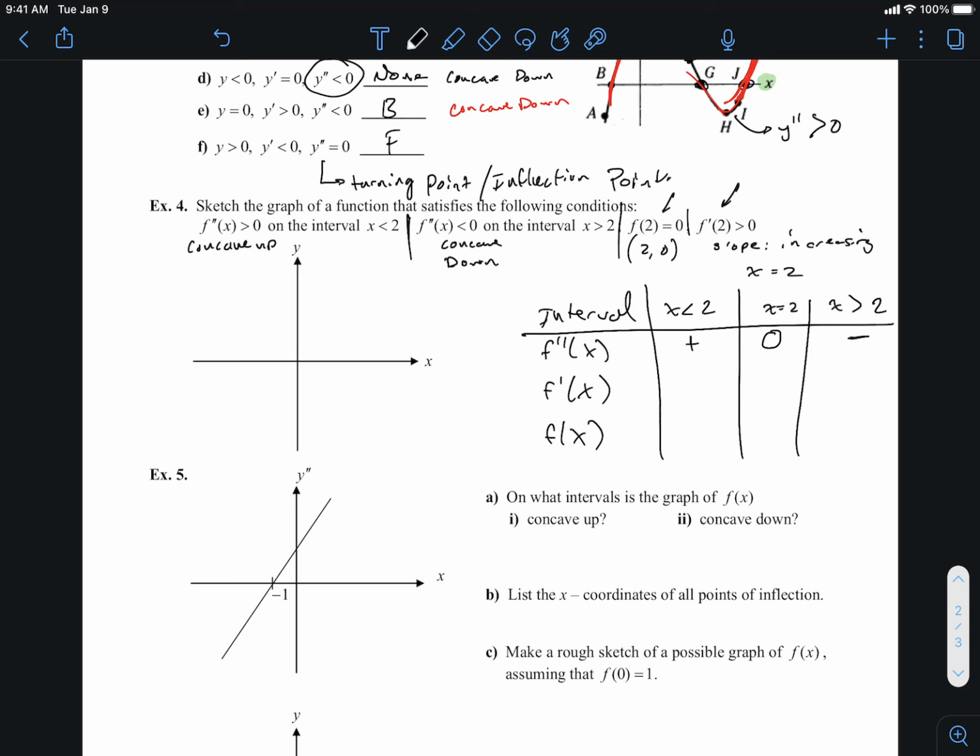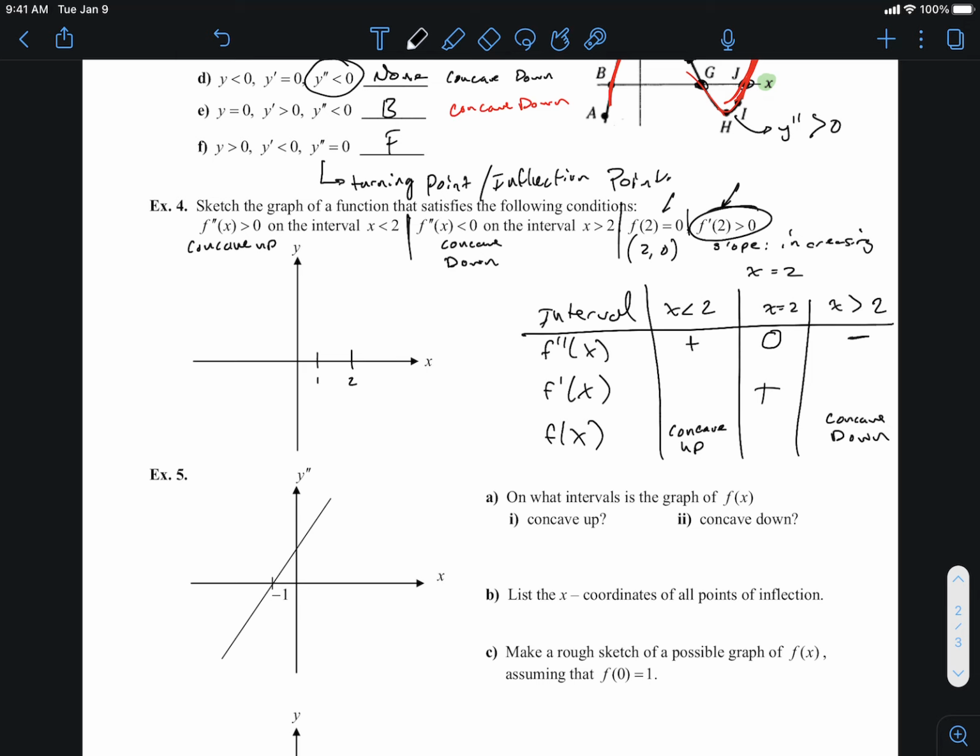Then we also know the slope has to be increasing, so positive, at x equals 2. And the function itself is going to be concave up and then concave down. Then we can go over to our graph: here's 1 and 2.